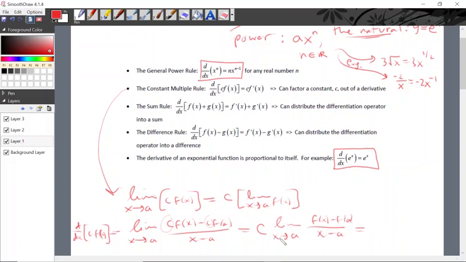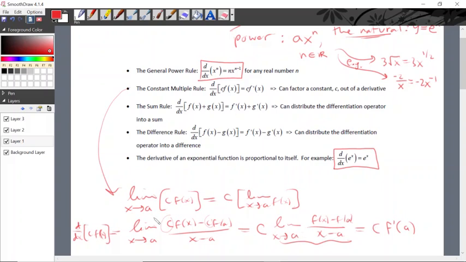All right, and so that means we end up with c times this limit, but that limit, if the derivative exists, is just going to be f prime of a in this case. In a more general sense, it's going to be f prime of x, right? If we changed it, so we made this the limit as u goes to x of f of u minus f of x over u minus x, or we use the other limit definition with the x plus h, f of x plus h minus f of x over h, and take the limit as h goes to 0.